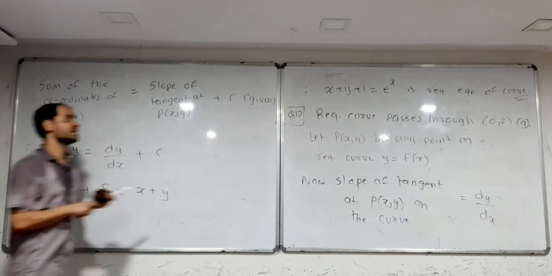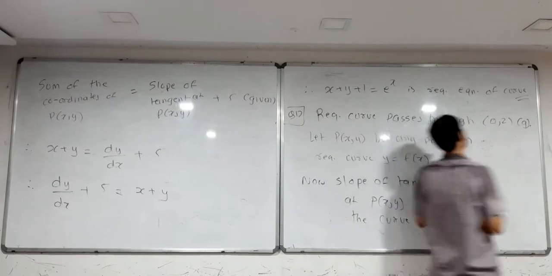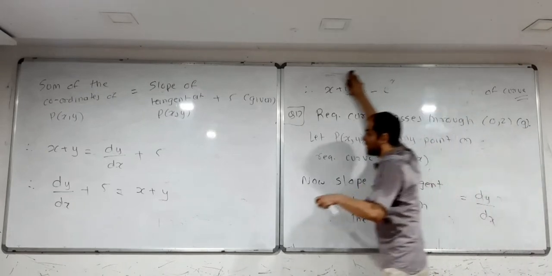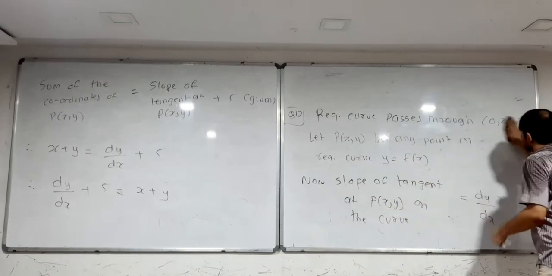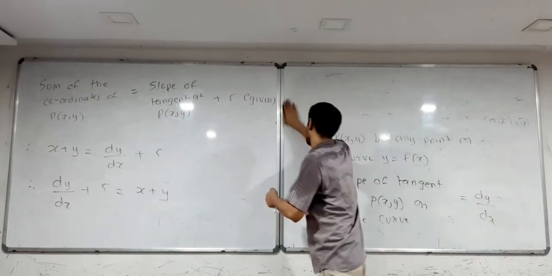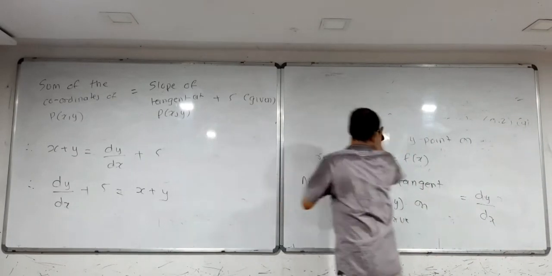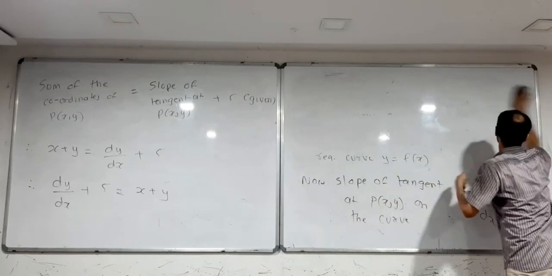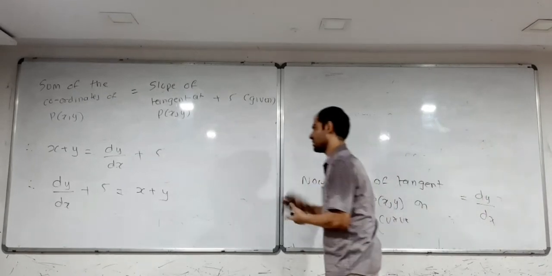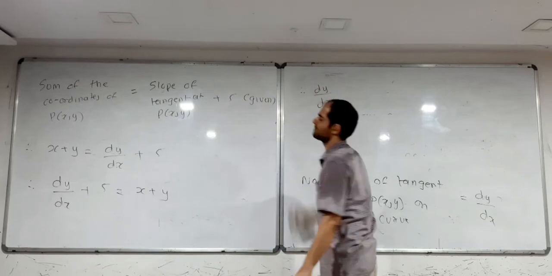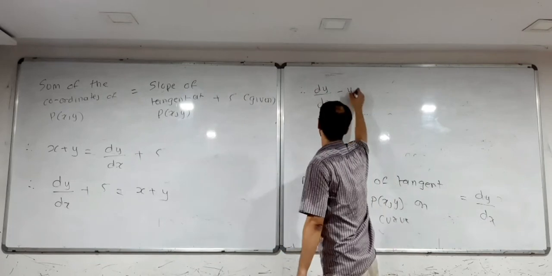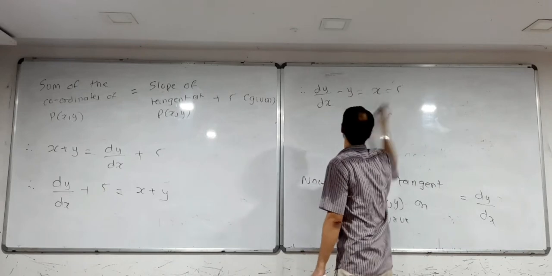Now what is a linear differential equation of the first type? dy by dx plus p of x into y is equal to q of x. तो क्या करेंगे? रिक्वायर्ड लीनियर डिफरेंशियल इक्वेशन आपको चाहिए तो क्या करोगे? Therefore dy by dx plus p of x into y, so y goes on the left side, minus y is equal to x minus 5.